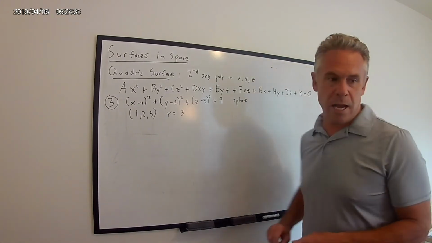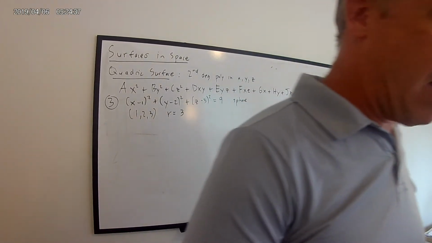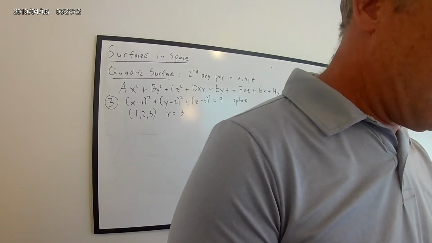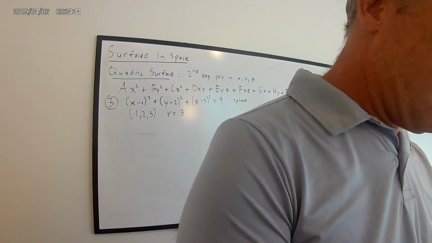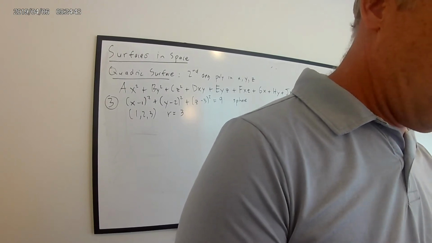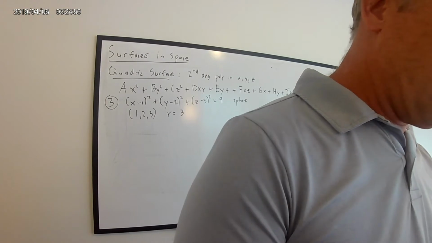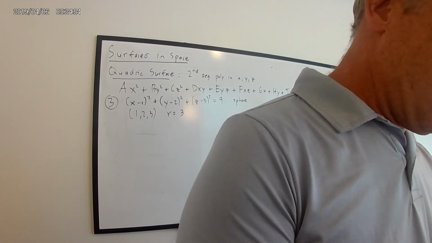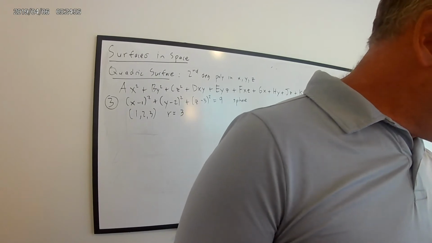We've actually already encountered this. Let's see if we can create a graph of this. I'm going to go ahead and do that. So we get x minus 1 squared plus y minus 2 squared plus z minus 3 squared equals 9.